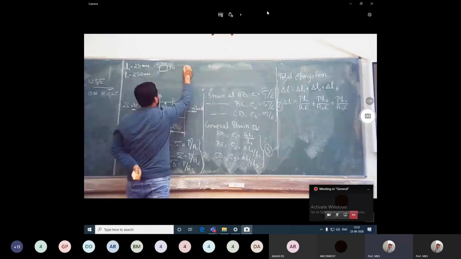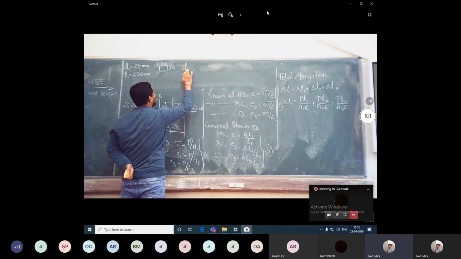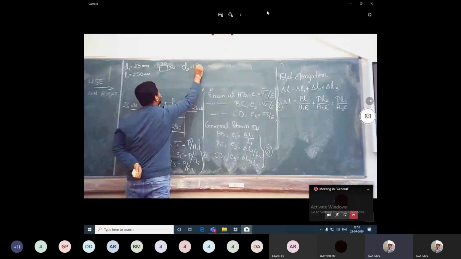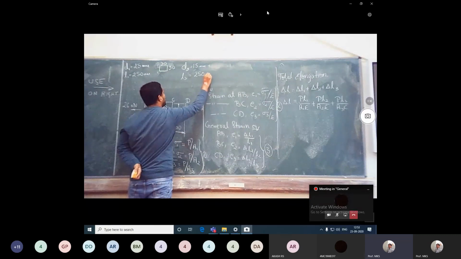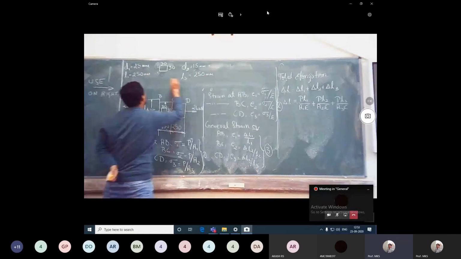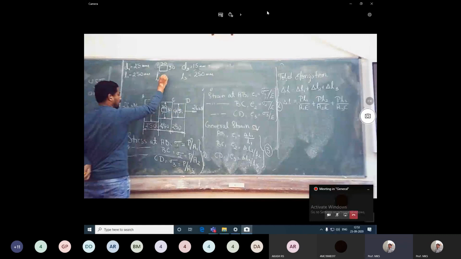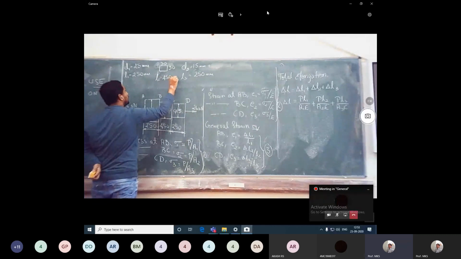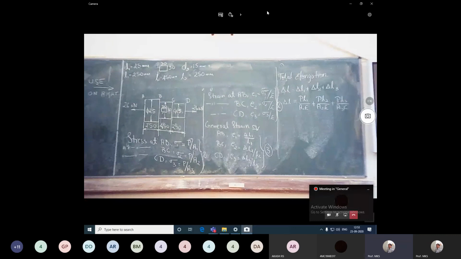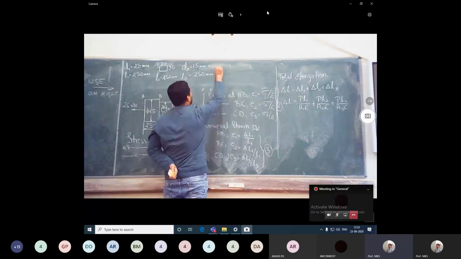Then third, D3 is 15 mm, L3 is 250 mm. So here L2 is 450 mm. Right. So these are the given data from the problem, and the load acting is P.